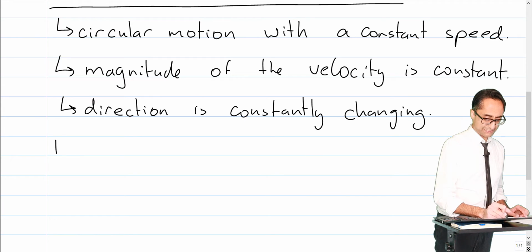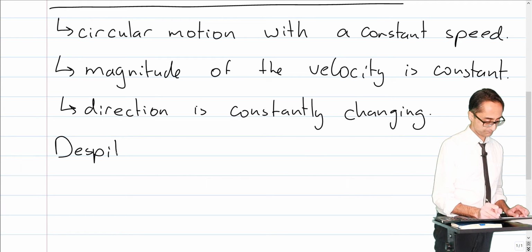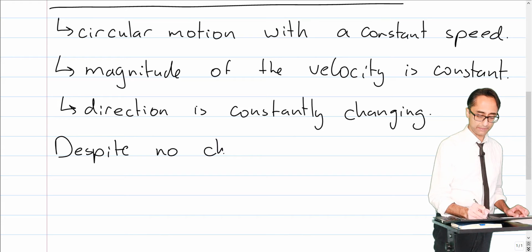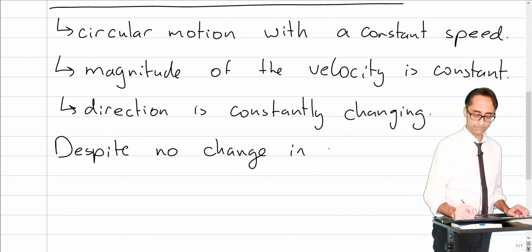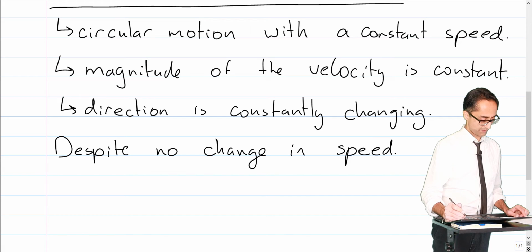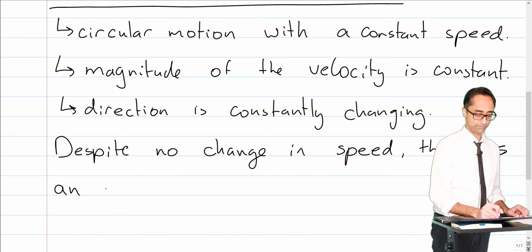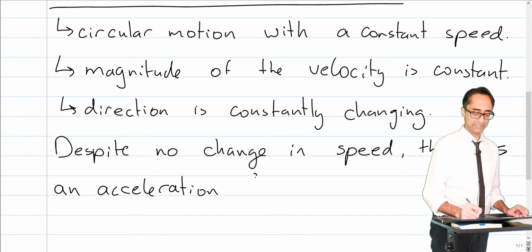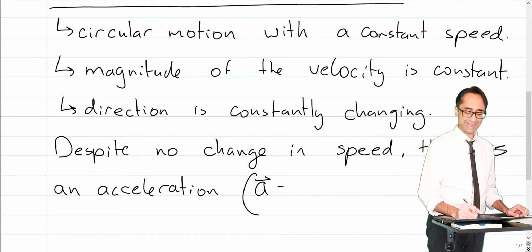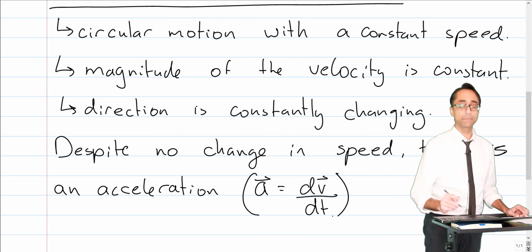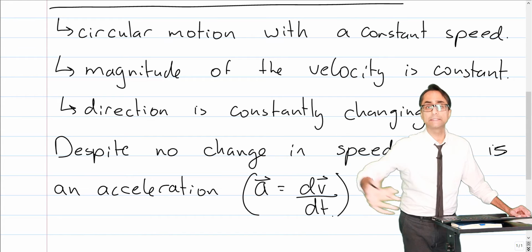So let's write the following statement. Despite no change in speed, there is an acceleration. And the reason there is an acceleration, because our definition of the acceleration is the time rate change, basically the derivative of velocity with respect to time. If velocity is a constant, then a is equal to 0.